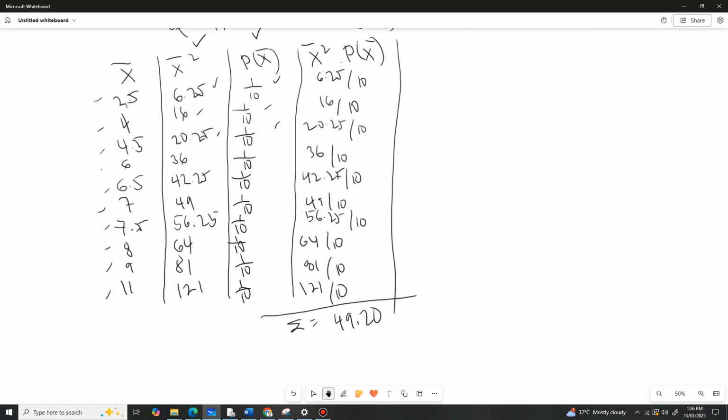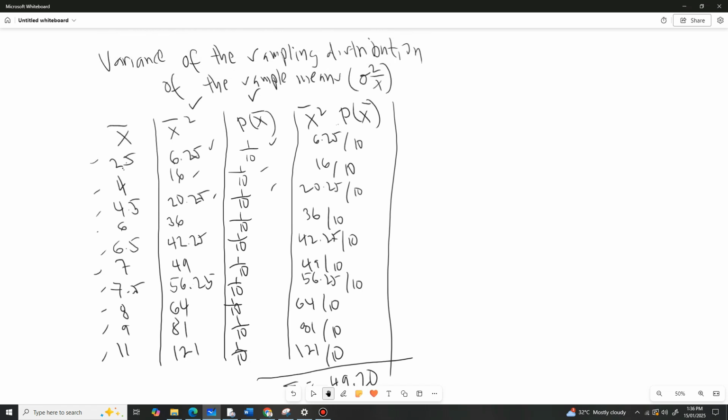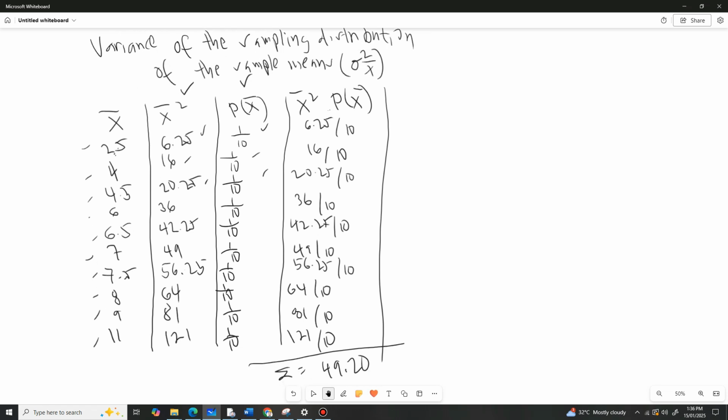Our formula for the variance of the sampling distribution of the sample means: we have the summation of this column. When we multiply this column and get the summation, that is 49.2. So this is what we got earlier.